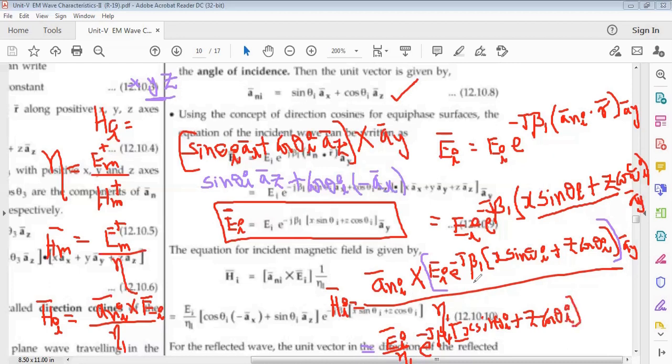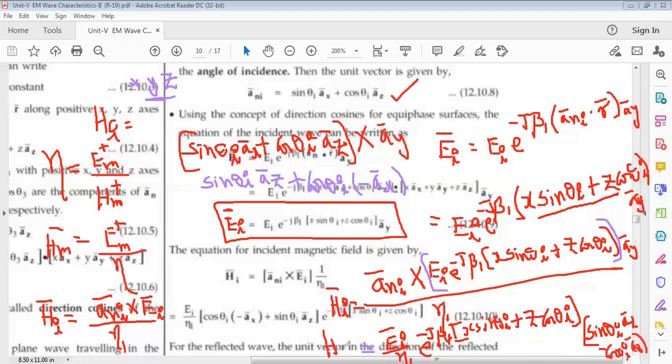Now you apply a_ni cross a_y bar, what is the expression here? Cos theta i is a whole multiply. Don't write the multiply for the power. This total function is multiplied. We get sine theta i into a_z bar, and we got minus cos theta i into a_x bar.